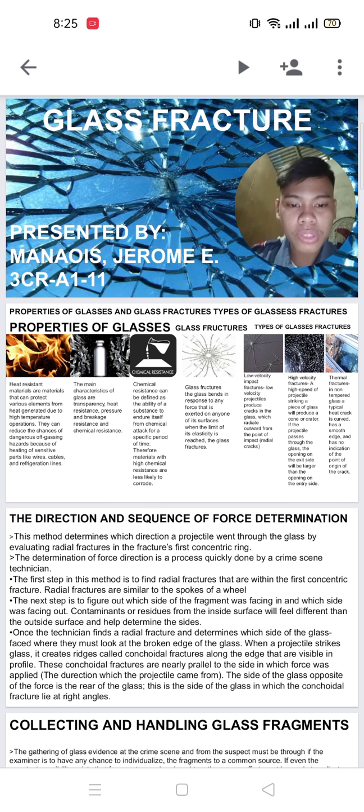Contaminants or residues from the inside surface will feel different than the outside surface, which help determine the sides. So, what comes out here in the direction section of force determination is how to give the proper direction or process to speed up solving a crime scene.